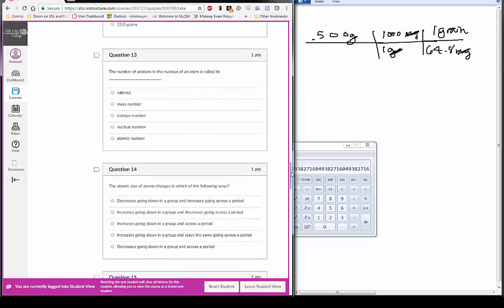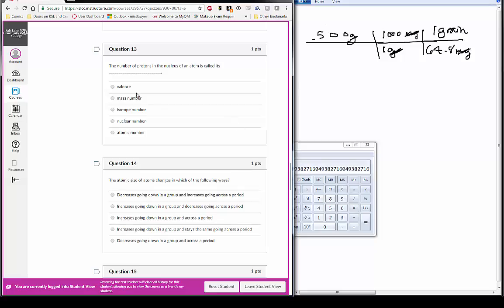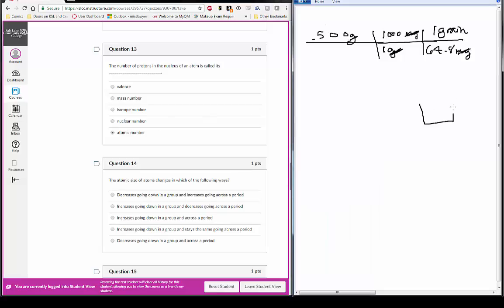Okay, now we're on to atoms in the periodic table. The number of protons in the nucleus of the atom is called the atomic number. That's also the number that's top and center right here. That's the atomic number, and that's the number of protons. The atomic size of atoms, that is radius, changes as we go down.